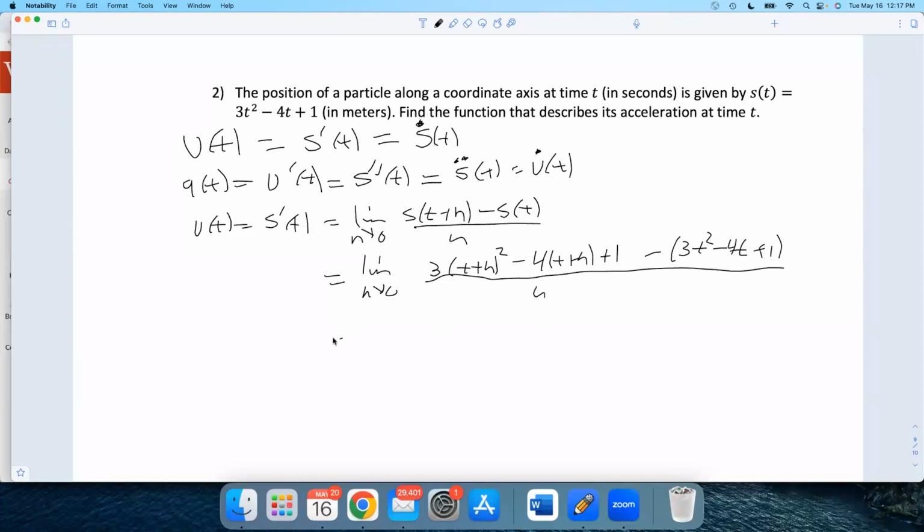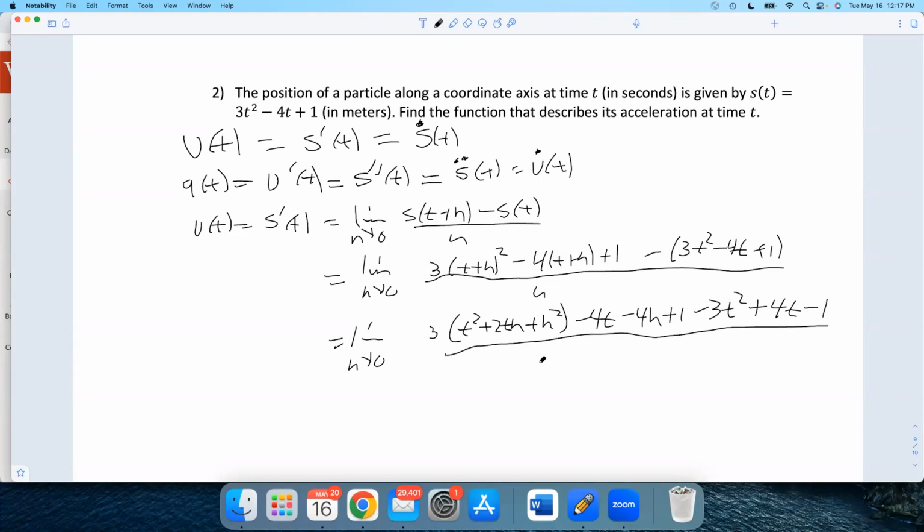All right, and then let's clean this guy up. So that's 3 t squared plus 2th plus h squared. Distribute that 4. And distribute this minus. I know my t's and pluses look too similar sometimes, and I apologize for that. That's all over h.